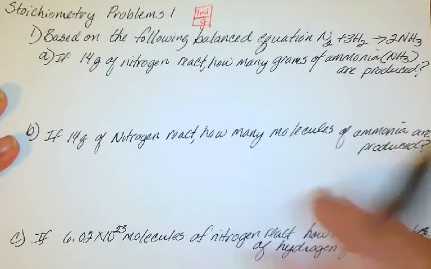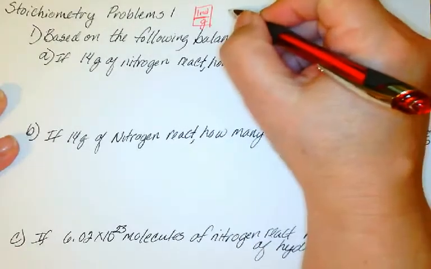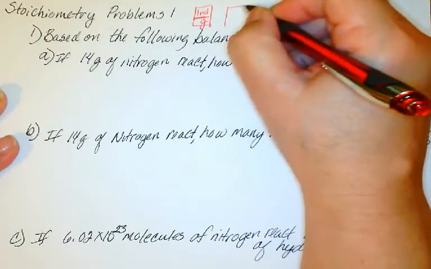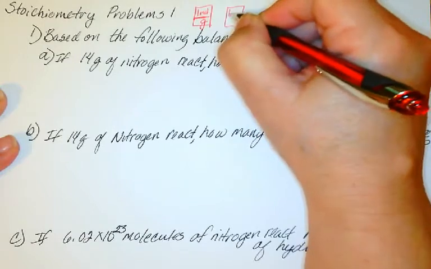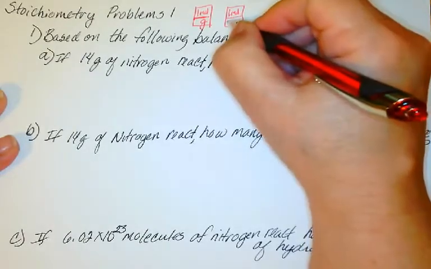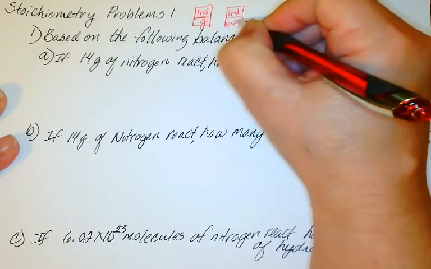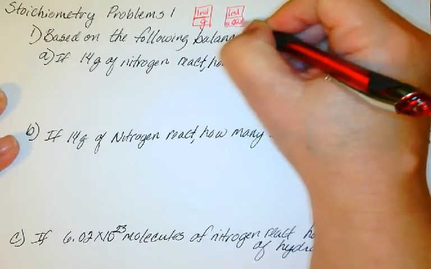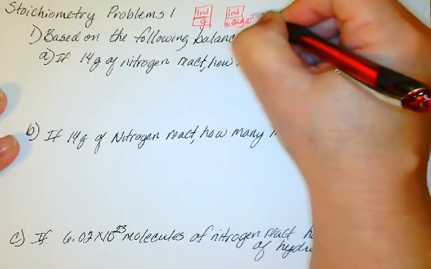All right? The second tool that we have is that 1 mole is over Avogadro's number, 6.02 times 10 to the 23rd.